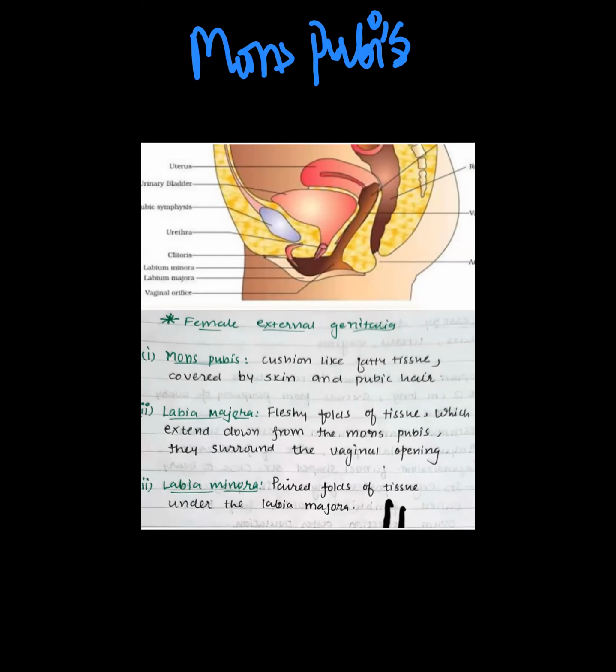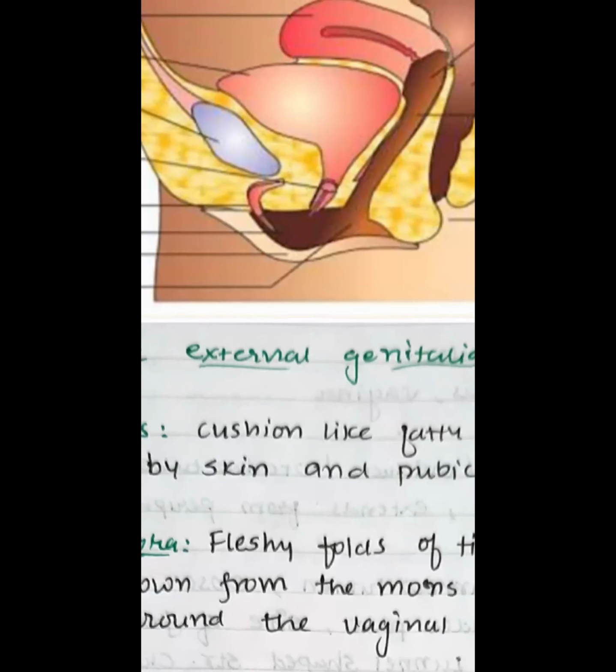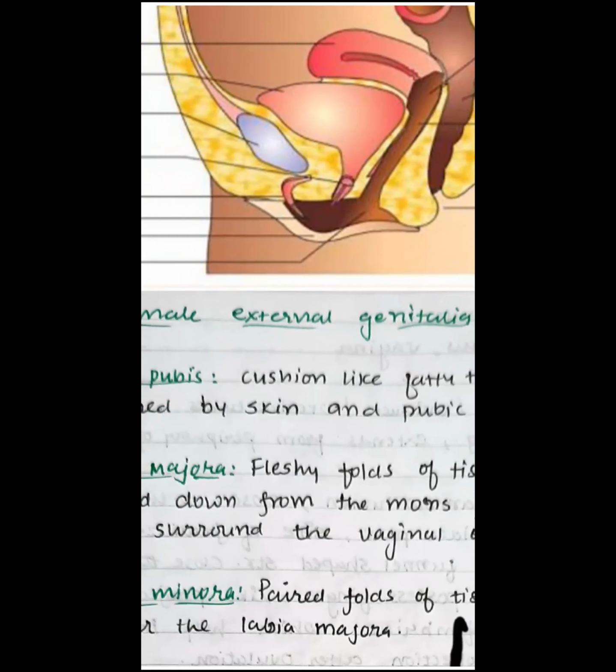In this region there are openings, for example, this is the vaginal opening, and this is the urethral opening.